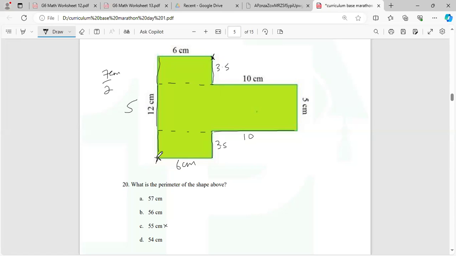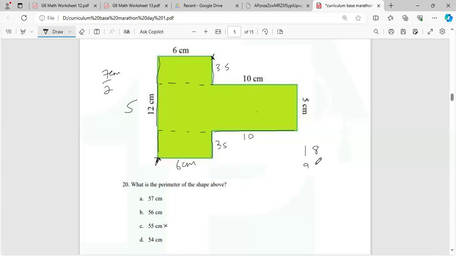All right, we're going to start counting from this side. So we have 12 plus 6, that's 18. 10 plus the other 6. I'm going to ignore that 3.5 here first. 10 plus 5, 15, plus this 10, that will give you 25, plus the 6, 31.